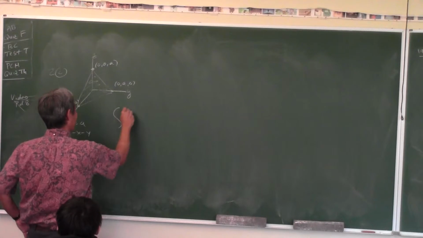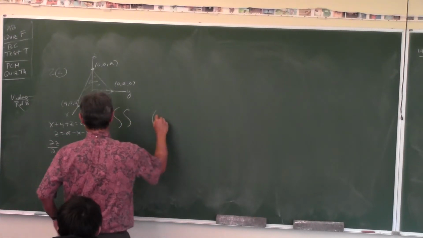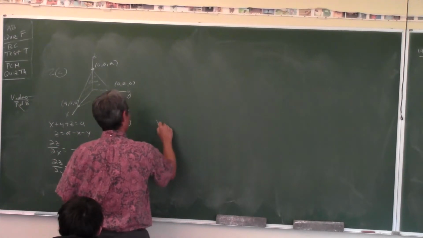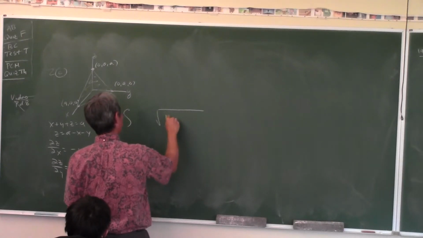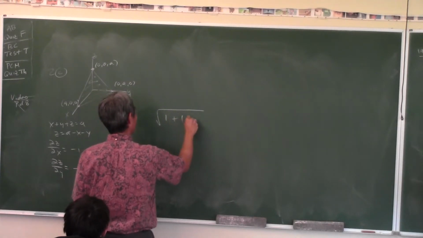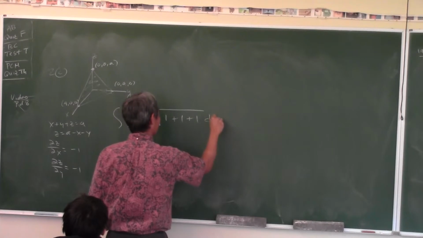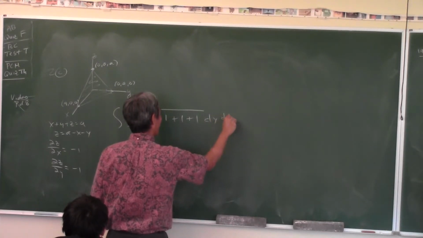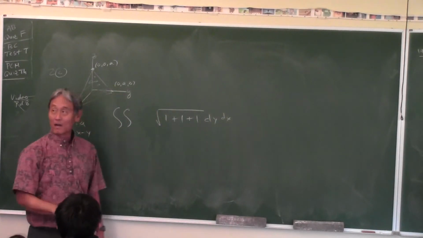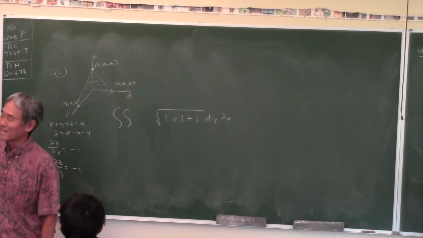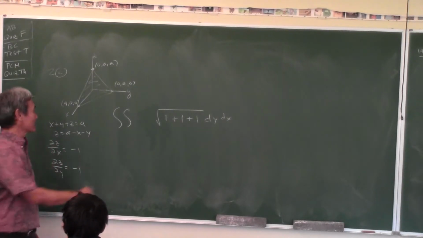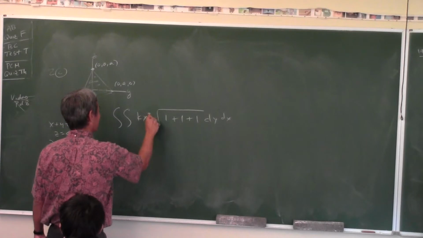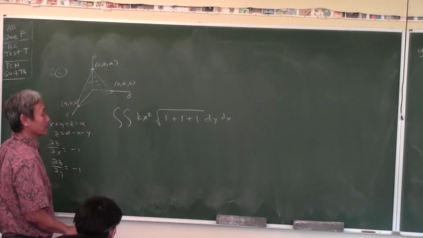So the double integral is going to go square root of negative 1 squared plus negative 1 squared plus 1, dy dx. And then what is our density function? k x squared.